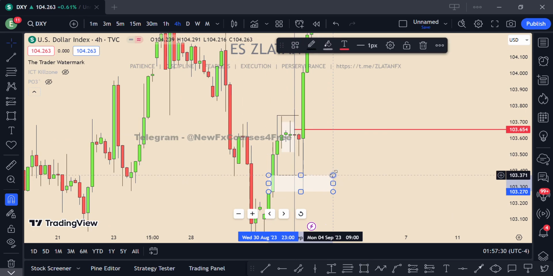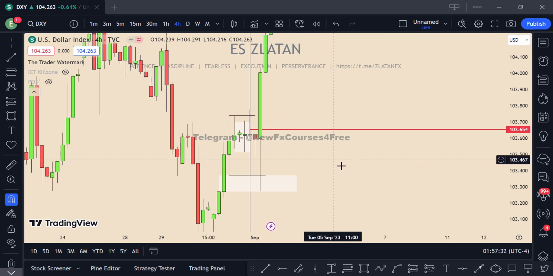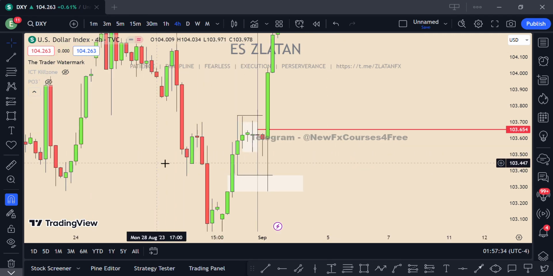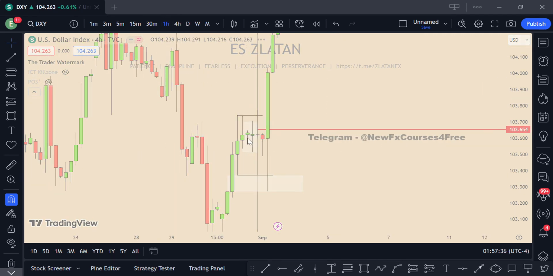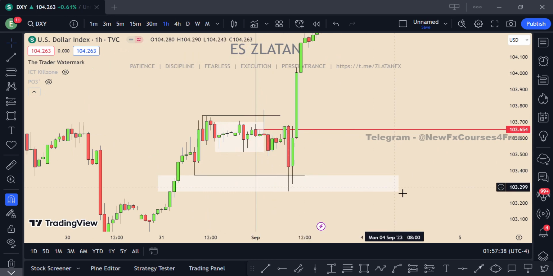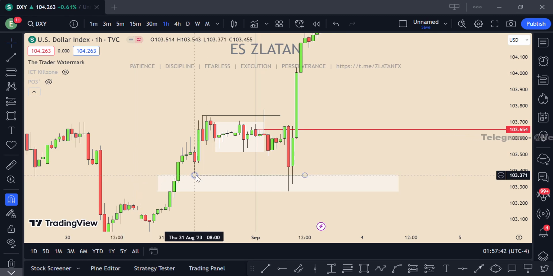This is the way you go about your setup, your narrative behind the setup. So now you have a 4-hour fair value gap, right? And you have liquidity right here, also called the Asian range.